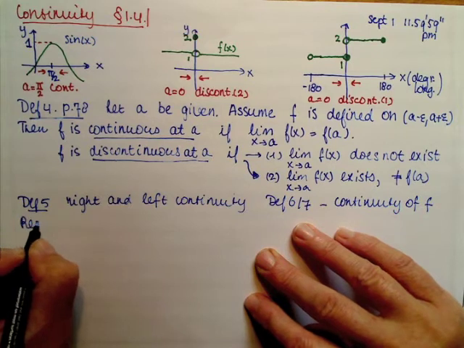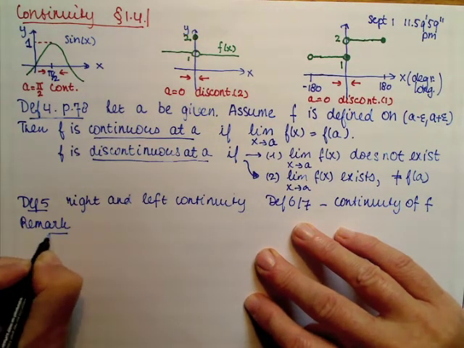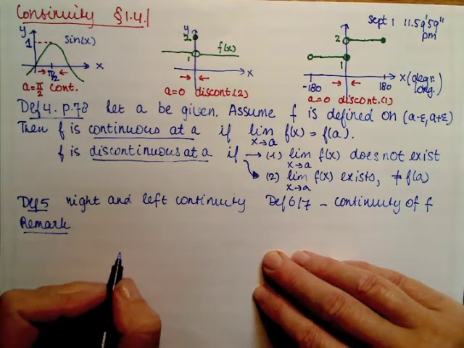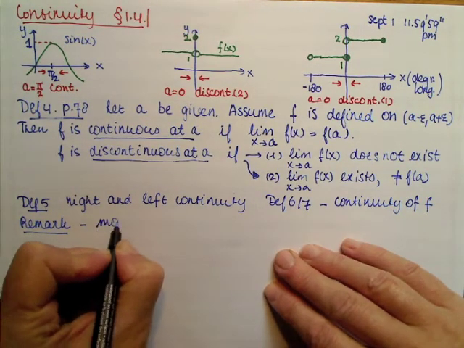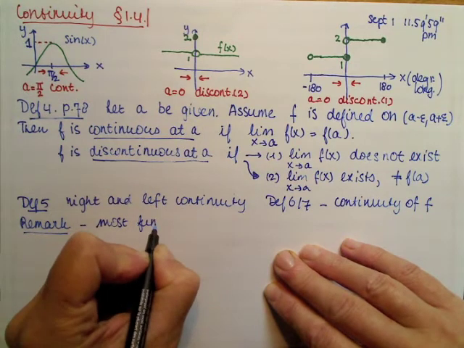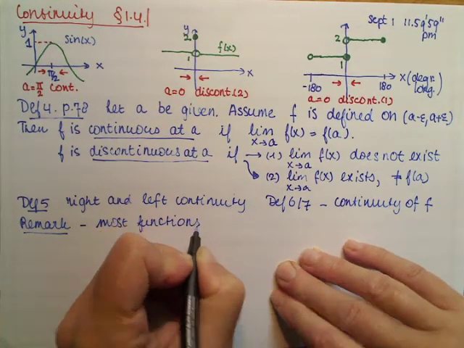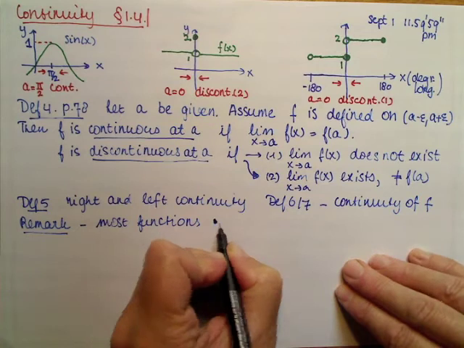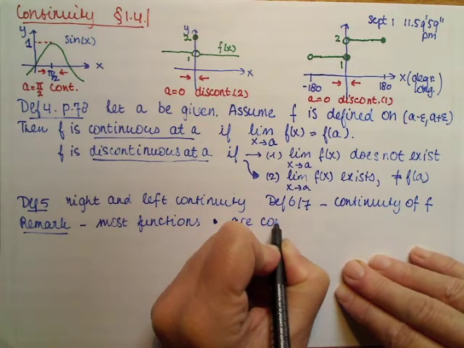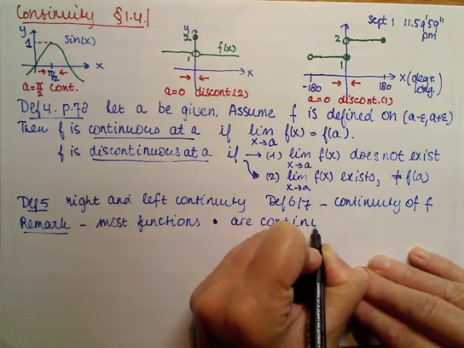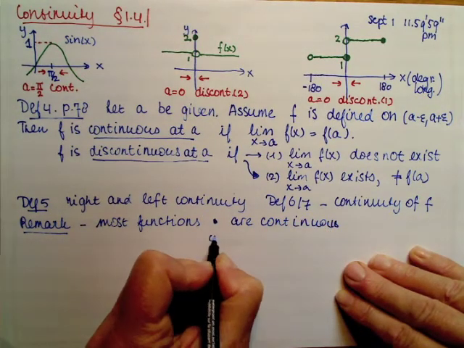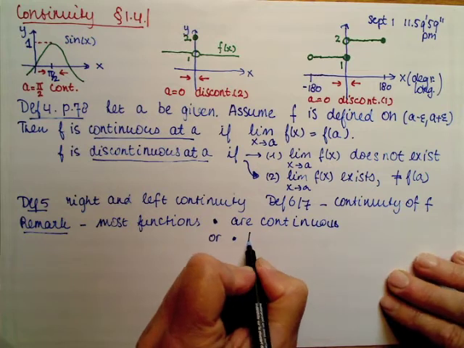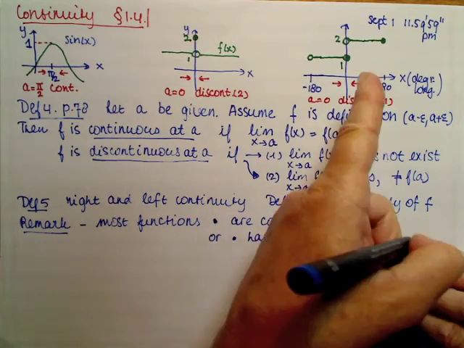Now, I will not go into many more details. What I'd like to emphasize is that most functions that you will encounter are either continuous or, well, they have jumps, like this one.